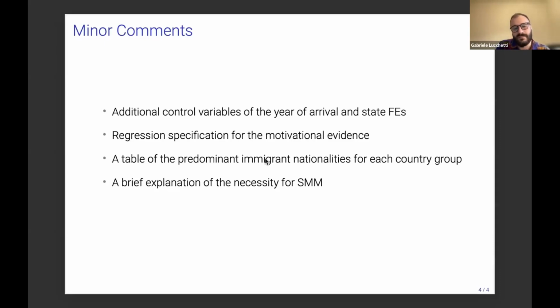I think I could do that again, but I don't know. For now, the necessity of SMM is that if you go in the other direction, you need exogenous variation, something that makes you claim exogeneity for each of the parameters that you estimate. Whereas here, with SMM and some kind of indirect inference, I'm embedding these issues within my parameters. So a more macro-ish way of dealing with that, I would say. Thank you, though. I really appreciate it.